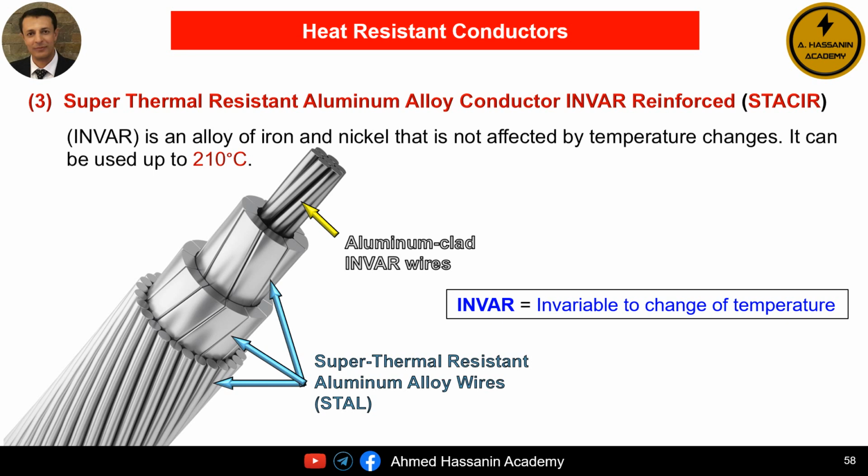The core of this conductor is made of INVAR, and it is important to understand that INVAR is an abbreviation for invariable to change of temperature, meaning that the core of this conductor, which is INVAR, does not change its properties with the rise in temperature. Another important point is that the core of the conductor, which is INVAR, is an alloy composed of iron and nickel, and it does not expand with heat or get affected by temperature.